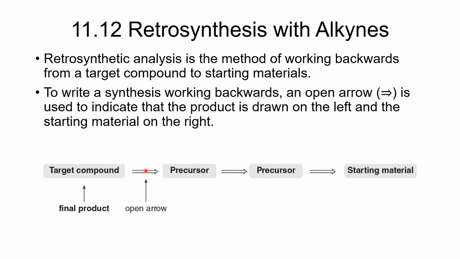But if you know that it's possible to turn an alcohol into an alkyl halide, then you can put that as a step. But again, the key thing here is that our target, our overall product, is on the left, and the things that come before it are on the right. So that is how we think about retrosynthesis.